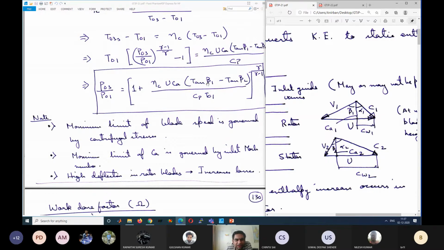However, we have discussed in the previous class that you cannot have a very large change in angle from beta 1 to beta 2 because the flow is against an adverse pressure gradient, and if there is a huge change in angle, there is a chance of flow separation. So high deflection in rotor blades increases the losses and is not recommended. So you limit the change in angle from beta 1 to beta 2 to a certain amount. So tan beta 1 minus tan beta 2 is also up to a certain limit, and that limits the overall pressure ratio.